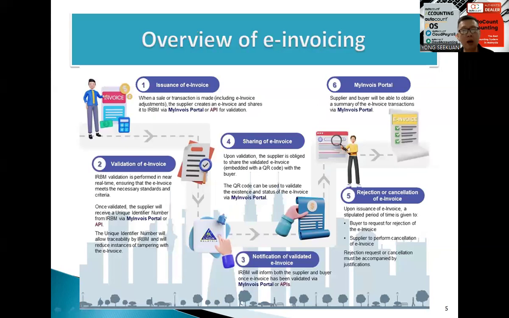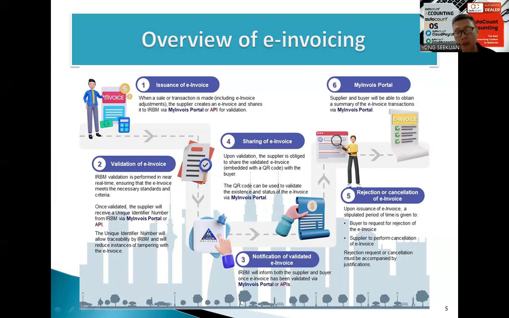So what is the e-invoicing process like? First, there are 6 steps. Later we will go through them slide by slide. I already made a few slides to explain in detail. Basically, you issue the invoice first, then this invoice is sent to the LHDN. Once it is validated, they will send you a notification.